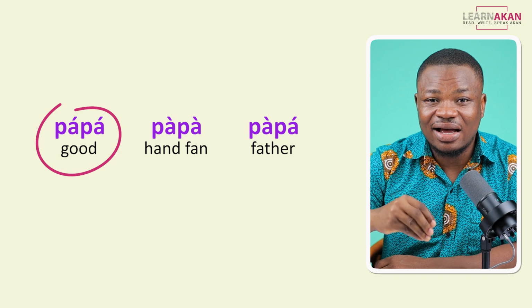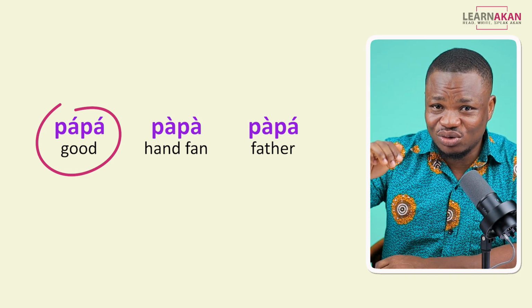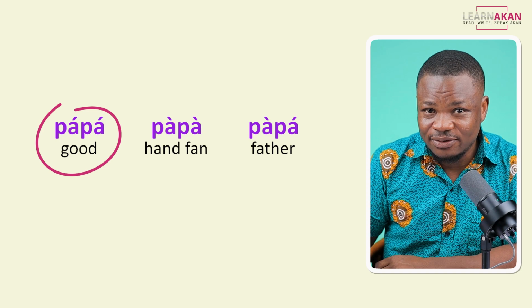I need to mention that for the example sets that we are using in this series, so the ones we've used so far and the ones that we are going to be using in the subsequent lessons, it would help if you could just memorize the tones that we are using on them, because they don't change. So for example, papa as good will always be papa with high tone on both syllables, all right?